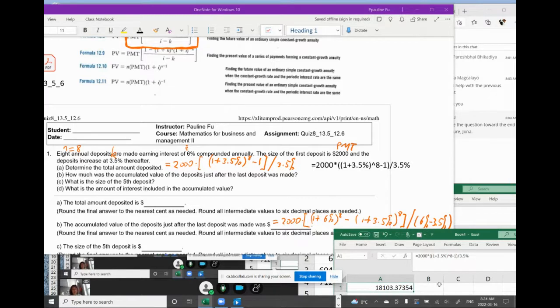So I will use this cell, equal 2000 times bracket, another bracket, 1 plus 6% raised to power 8 minus bracket 1 plus 3.5% raised to power 8, closing bracket.